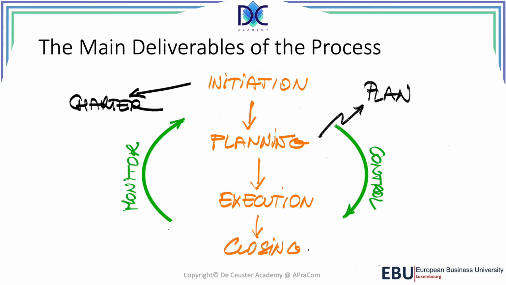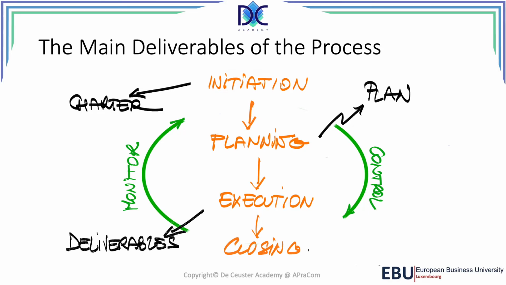Planning is about creating the project management plan. Here we are going to identify what the activities are and how we plan those activities. We look at the budget, we look at resources, we look at risk management. All these things are basically elements that are part of the project management plan.